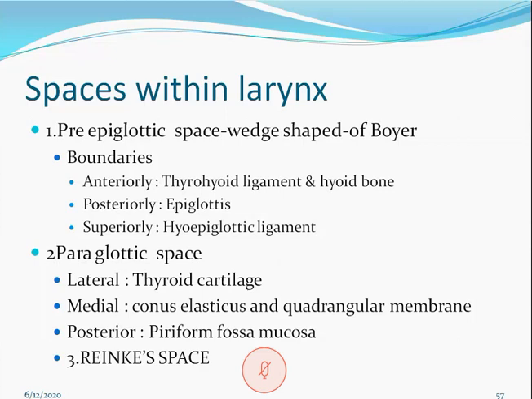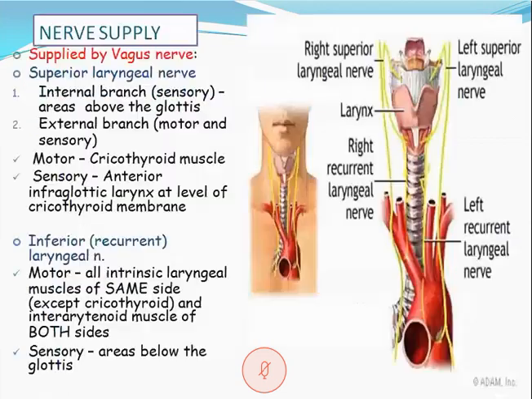There is another space called the paraglottic space. It is bounded laterally by the thyroid cartilage, medially by the conus elasticus and quadrangular membrane, and posteriorly by the piriform fossa mucosa. A third space present in the vocal cords is the Reinke space.